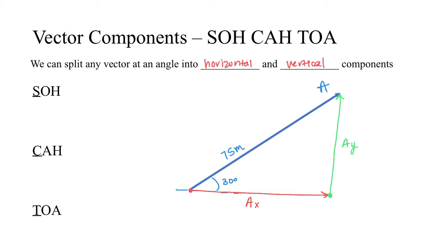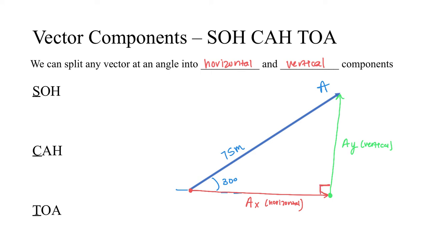And so A sub x would be my horizontal component, and A sub y would be my vertical component of A. And so essentially we can take any vector, and that vector becomes the hypotenuse of its own right triangle, right? This will be a right triangle.